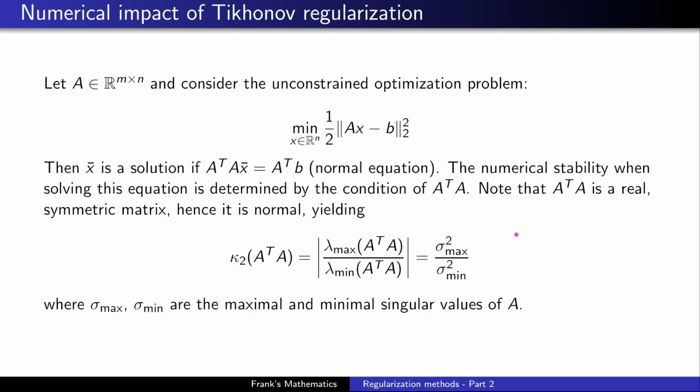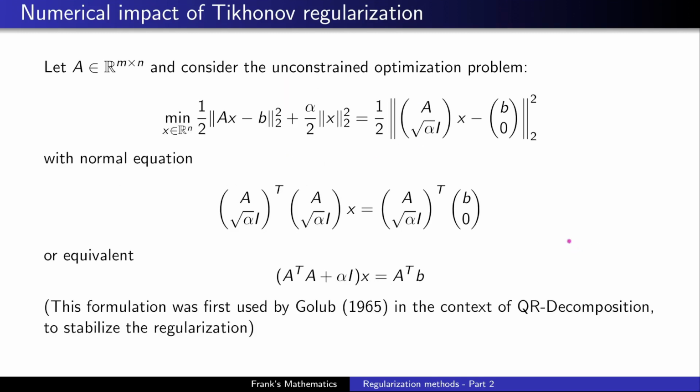So what happens now if we do the same calculation for the Tikhonov regularization optimization problem of this optimization problem here? To do so, we do a small reformulation. We start with the Tikhonov regularization optimization problem, and this can, of course, be rewritten into this form here.